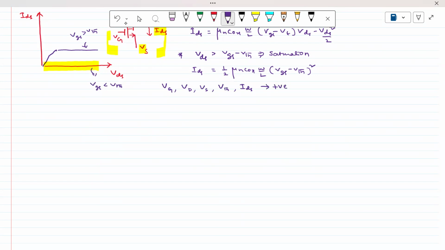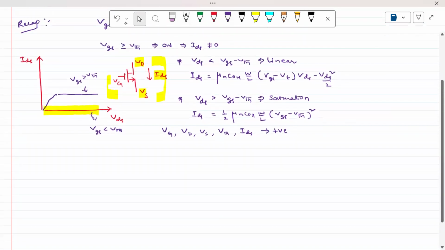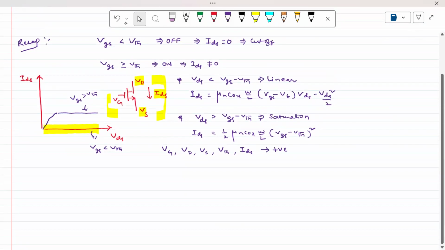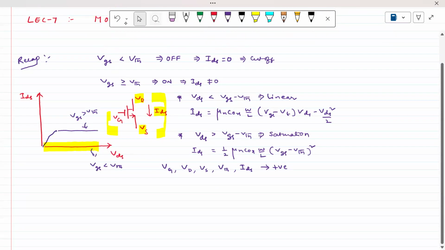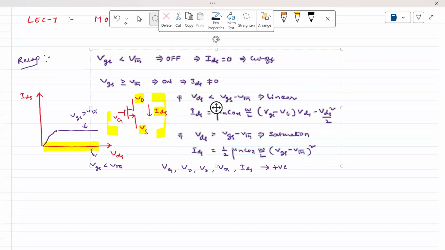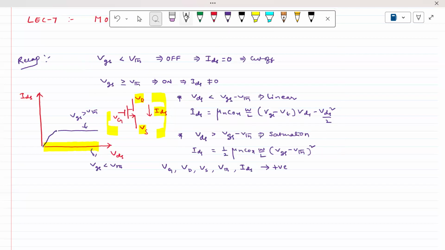Whereas for the PMOS transistor, they should all be negative quantities. We will talk about why they are negative by taking some examples. For the time being, let us give some explanation on this particular one, and we will come back and analyze step by step.